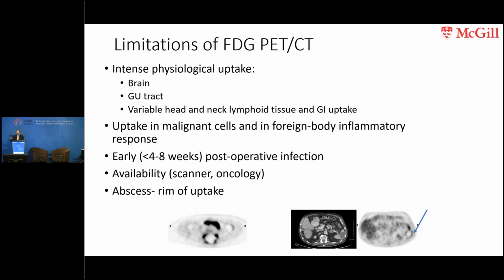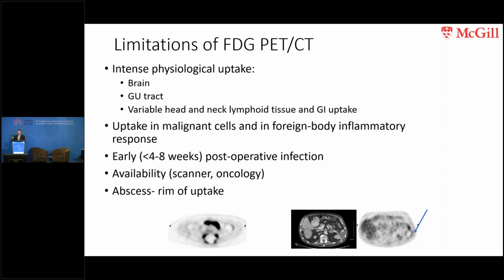The scanner has to be available. Not everybody has a PET scanner, although hopefully more and more will. And there is a thought that it should be used exclusively for oncology, although I think infection affects not only oncology patients, but is a more urgent diagnosis, which the FDG PET scan can have an immediate impact on mortality.